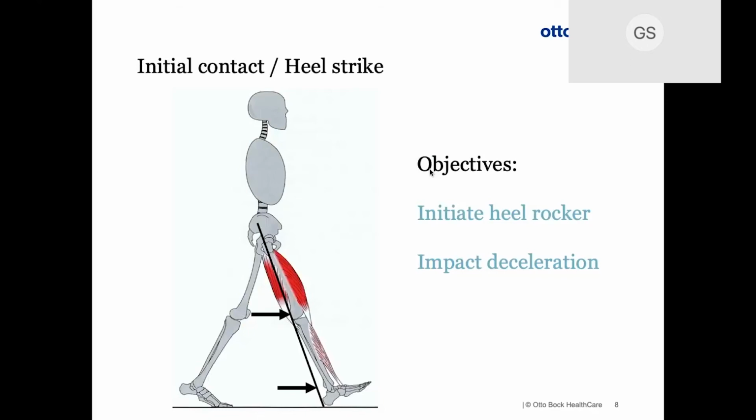The ankle's moving from a neutral position into plantar flexion, and the knee flexion at 5 degrees begins to increase slightly to go to foot flat or actually shock absorption. And this extension of the knee is caused by the contraction of the quadriceps. So the quadriceps pull the leg forward and initiate heel strike.